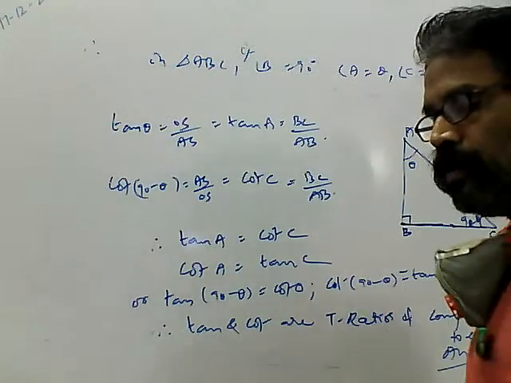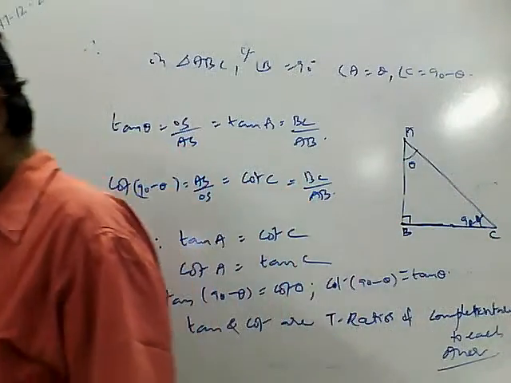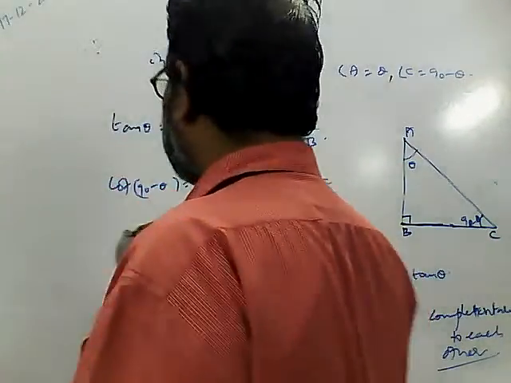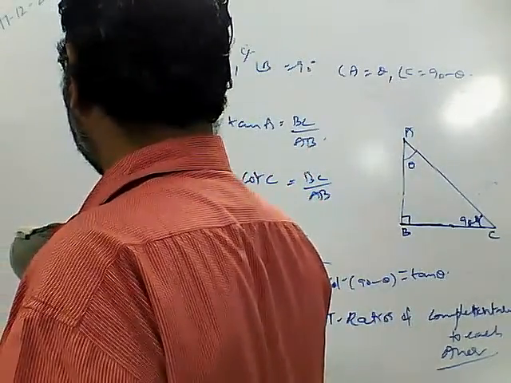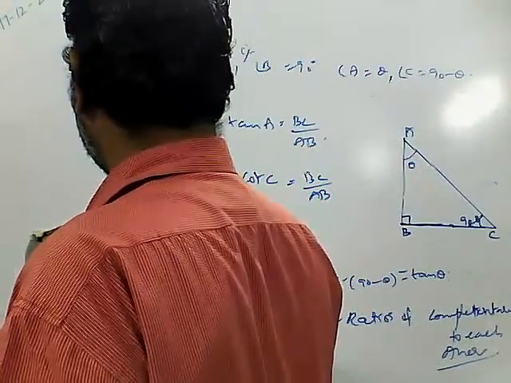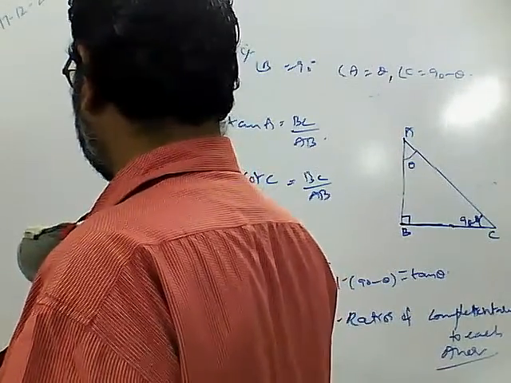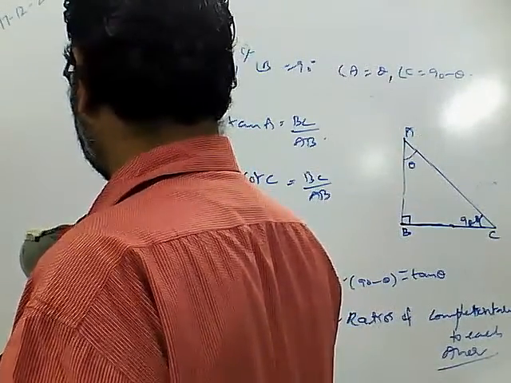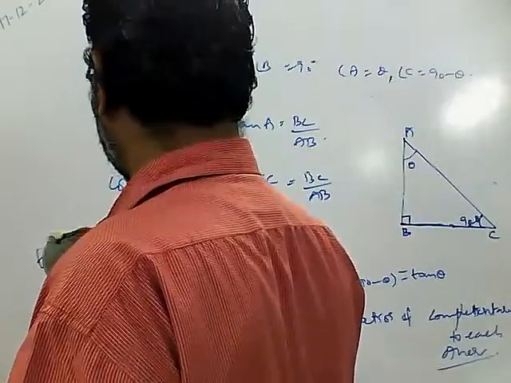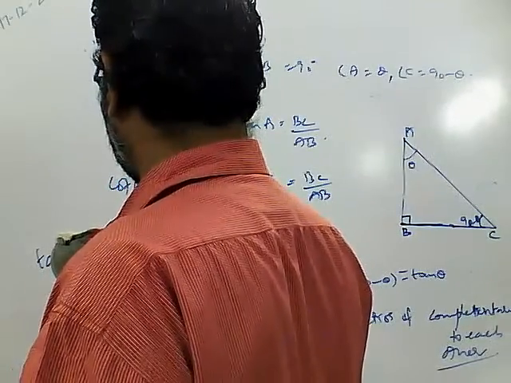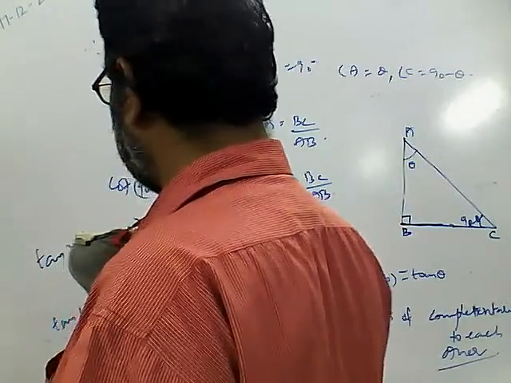Okay, tan and cot are complementary to each other, like that. So you can say in the same way, tan 30 is equal to cot 90 minus 30, which is equal to cot 60, right? Tan 60 is equal to cot 90 minus 60, which is equal to cot 30, likewise. Because the sum of these is 90, like that you will take.